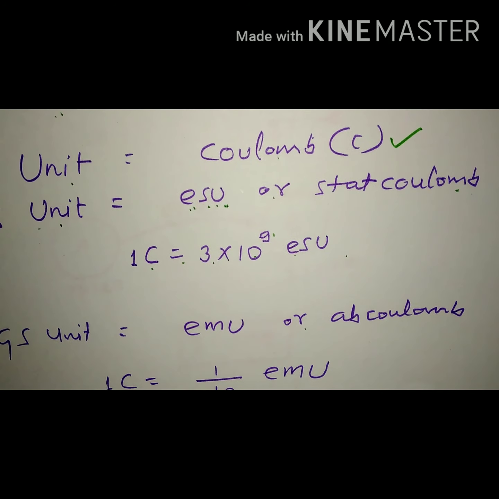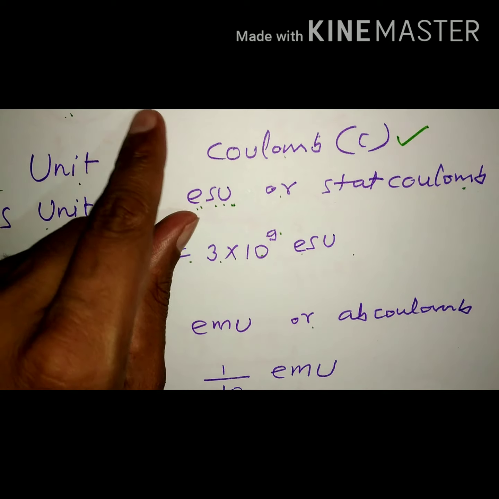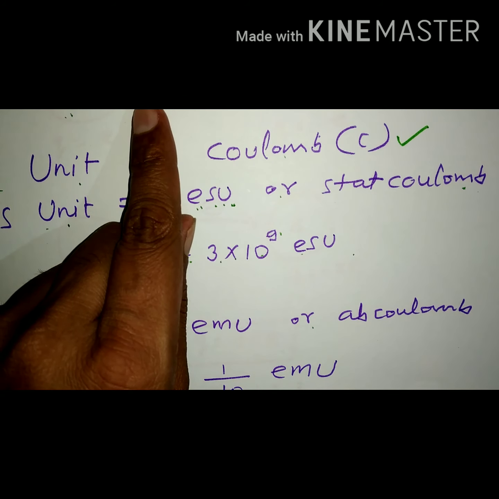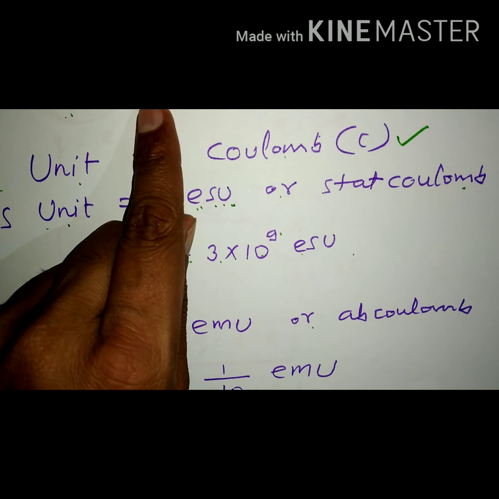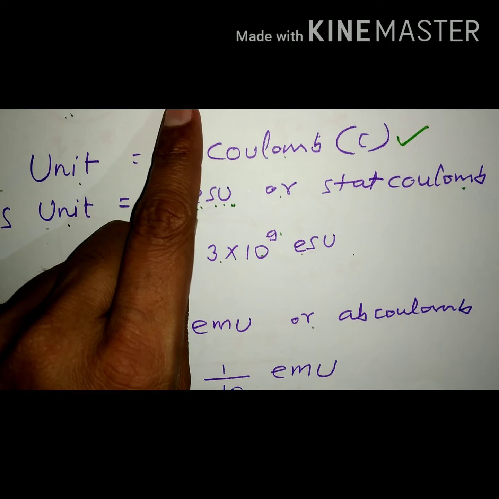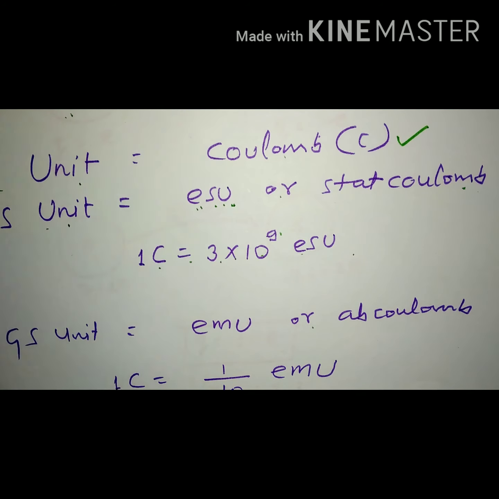When a material loses 1 electron, it will be charged by +1e, and if a material gains 1 electron, it will gain a negative charge of 1e.